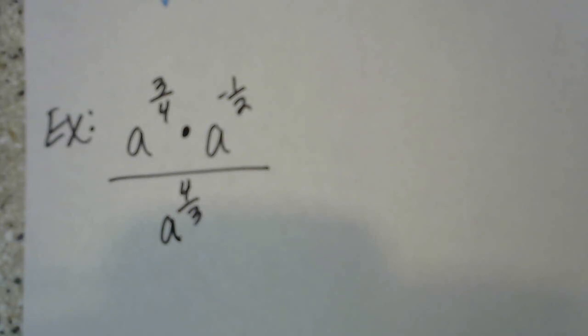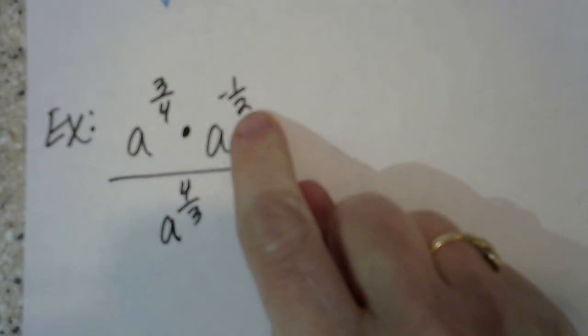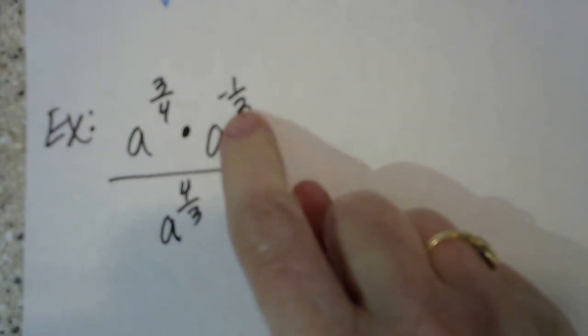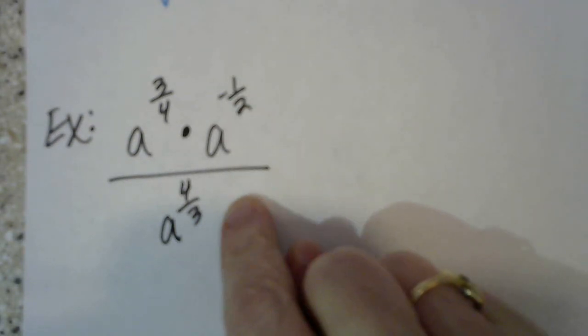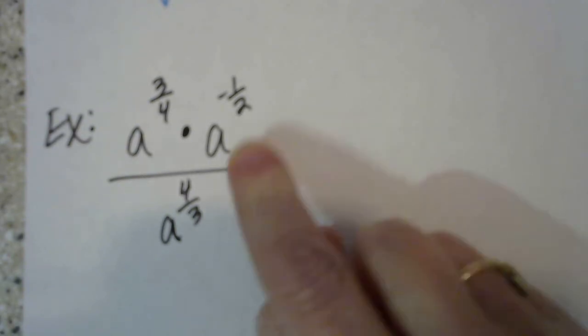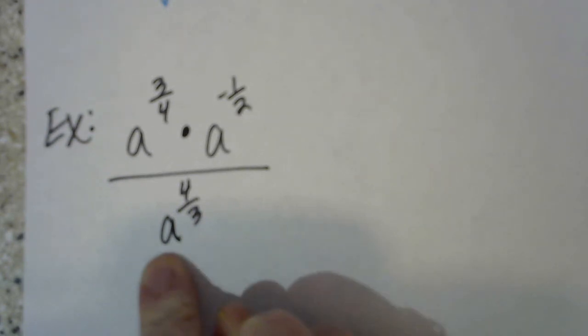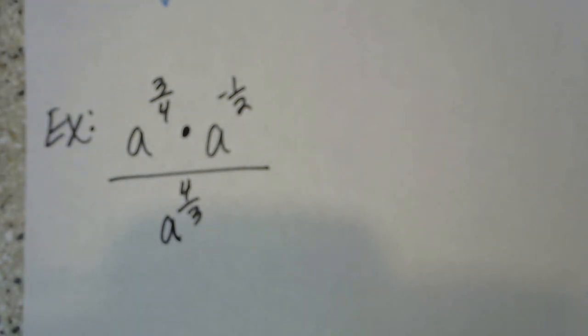Some of you don't want to make this positive, are used to making your exponents positive first. So some of you may have thought about bringing this down to the bottom to make the 1/2 positive. If you bring that down to the bottom, you'll have to get a common denominator down here because you'll be adding those exponents. So either way, you're going to have to get a common denominator.